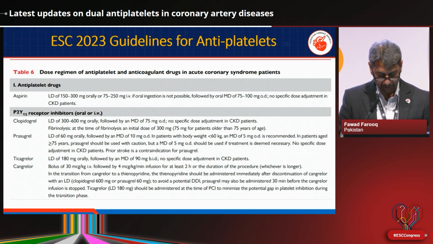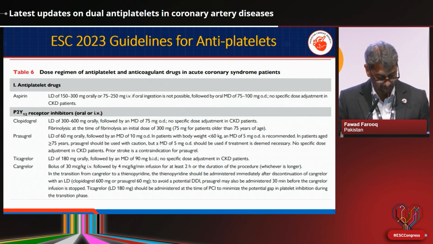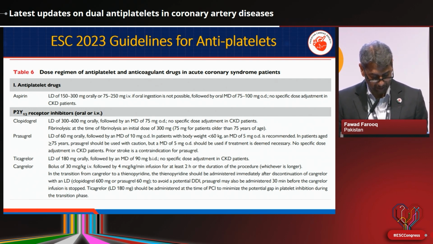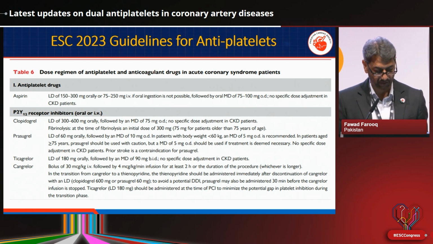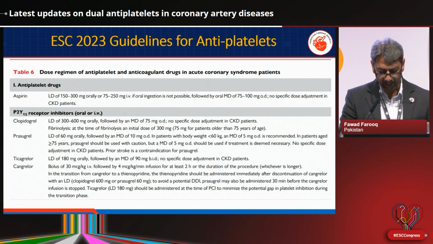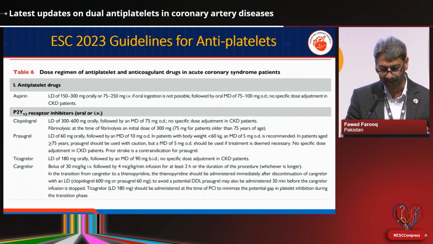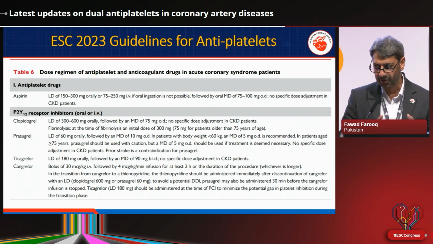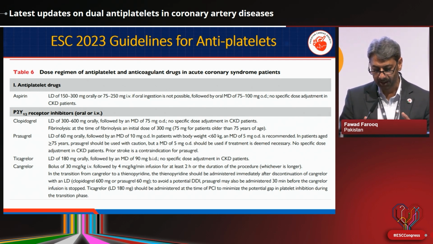Prasugrel may also be administered 3 minutes before the cangrelor infusion is stopped. Ticagrelor 180 milligram should be administered at the time of PCI to minimize the potential gap in platelet inhibition. So these are the various methods of loading your patient and transitioning from cangrelor IV to oral antiplatelet.